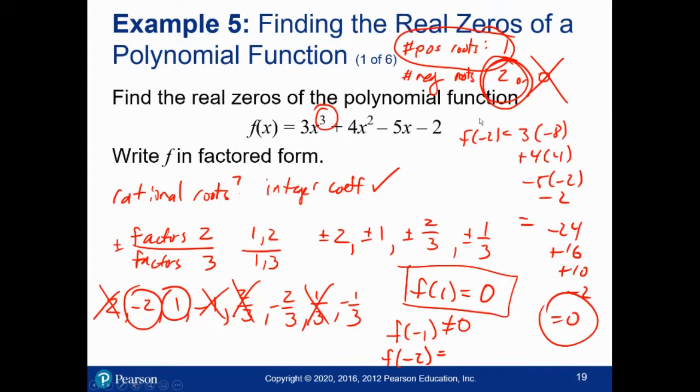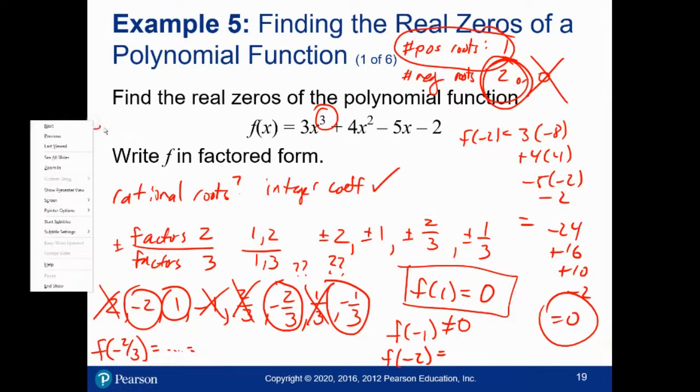What we could do, by the way, is we could just manually compute f of negative 2/3, and f of negative 1/3. So if we were to do that, let's see. F of negative 2/3 is going to be, I'm trying to fit it on this slide, which is going to make it a little crowded, I'm sorry.